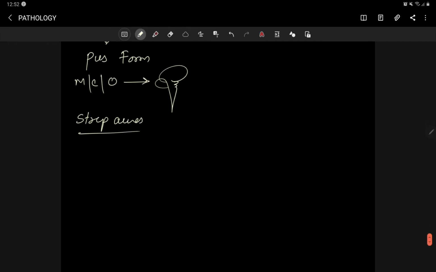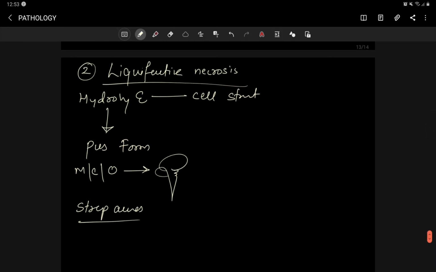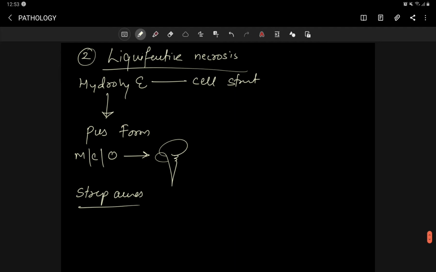Okay, liquefactive necrosis, if you see it under the microscope, first the normal histology, there will be a normal cell body and an axon coming out. But during necrosis, you will see that everything looks homogeneous and like small particles.